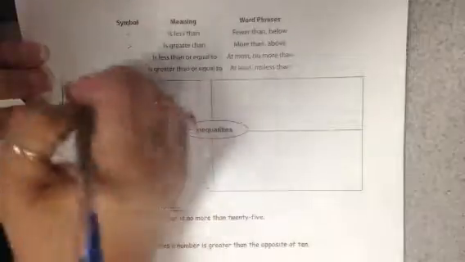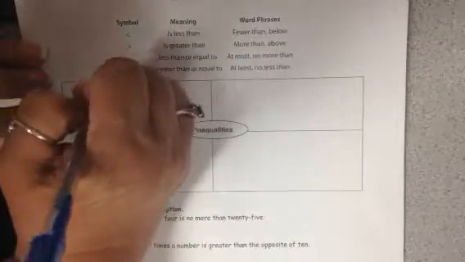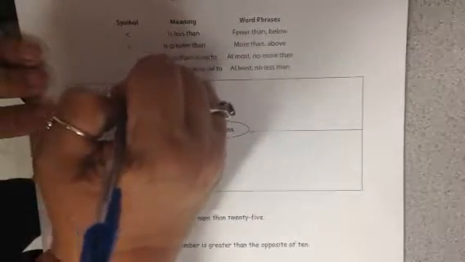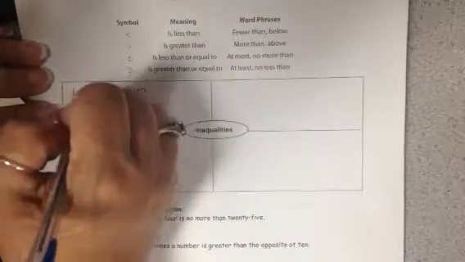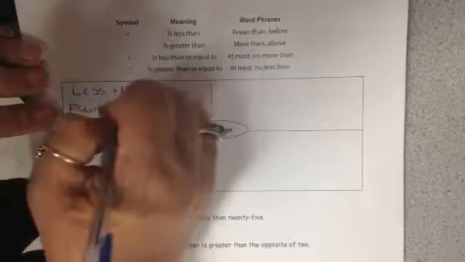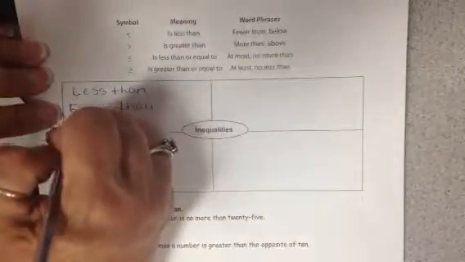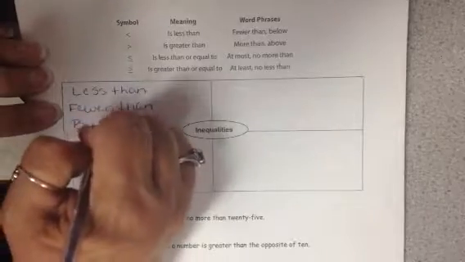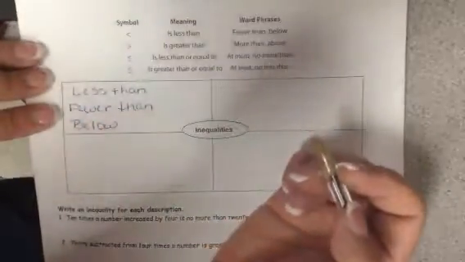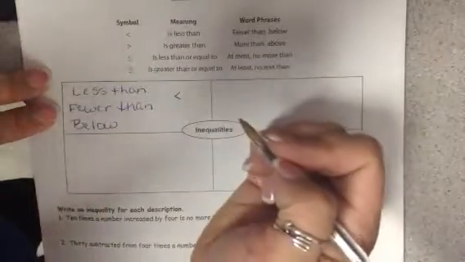In the first box, I want to write less than. They might also call it fewer than. And they could also say below. So when we are talking about all those words, we are looking at the less than sign.